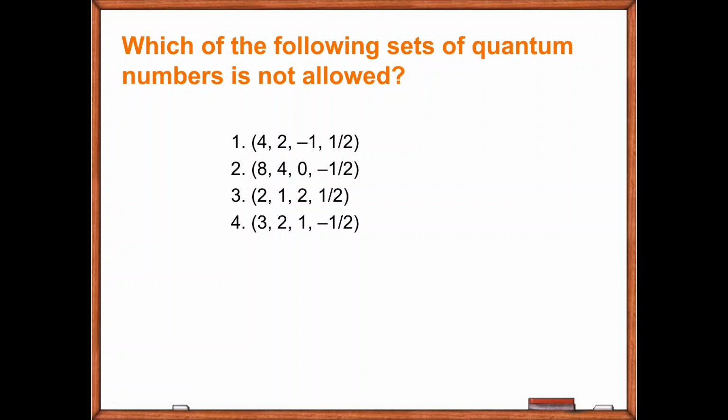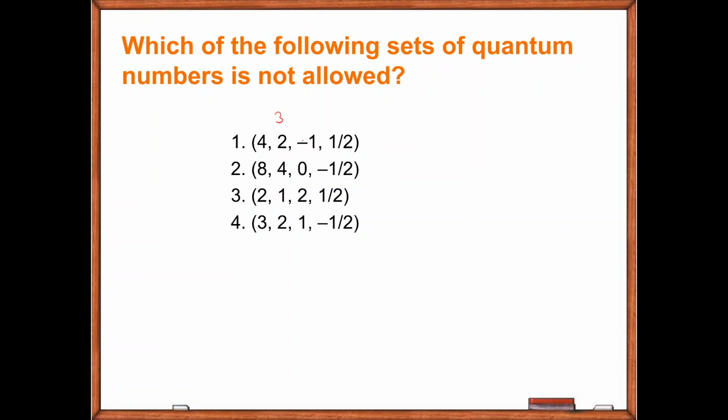Okay, so let's look at this. So first we have N is equal to 4. Okay, no problem there. It's not like 3.5 or 1.5, something like that. No, it's 4. So that's acceptable. Okay, L. So L can be up to N minus 1, so it could be up to 3, so 2 is not a problem. Okay, M sub L could be up to plus or minus 3.